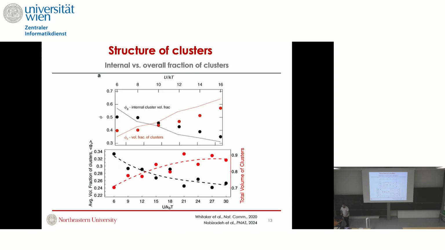The next is from the work that I mentioned, Whitaker, which considered a single length scale for the clusters. The idea in that work was that if I look at the volume fraction of clusters, and by the way, these are exactly the same solid volume fractions and the same range of attractions that we are studying, in their system the overall volume fraction of clusters goes from 40% to about 60%.